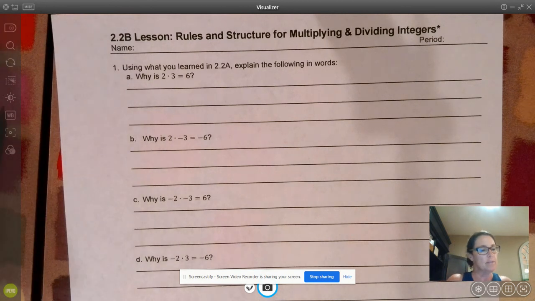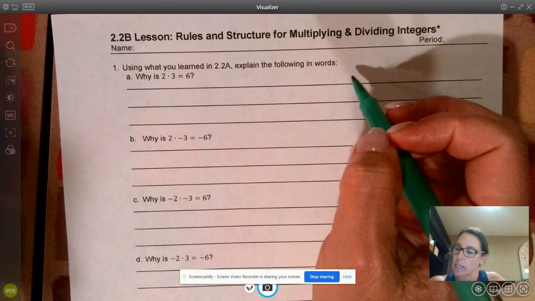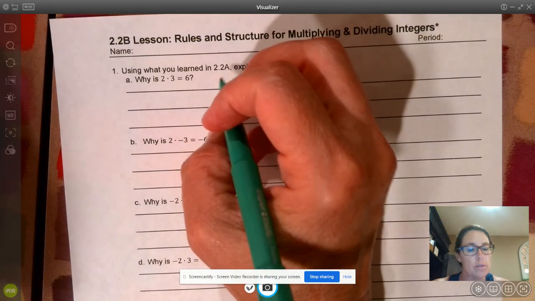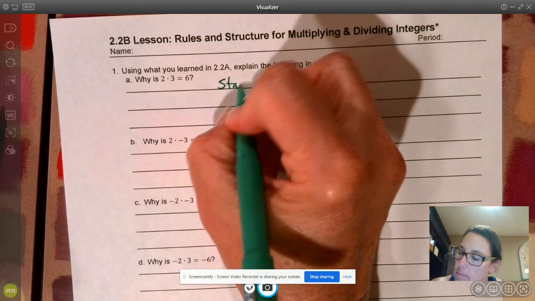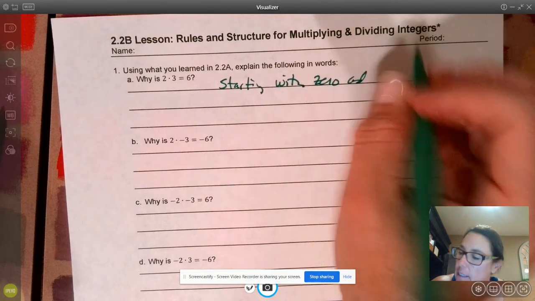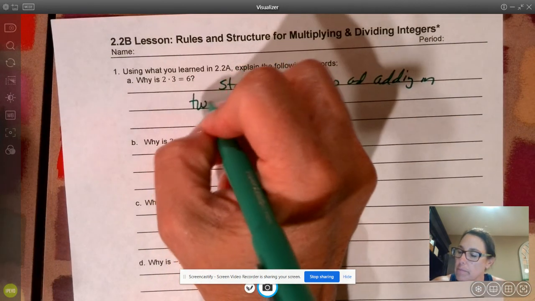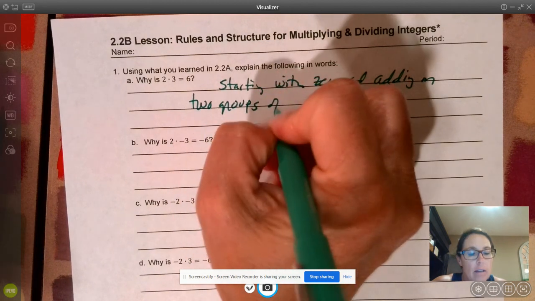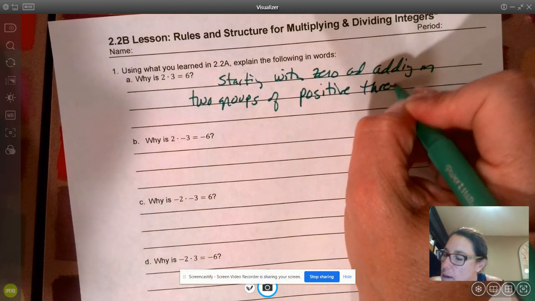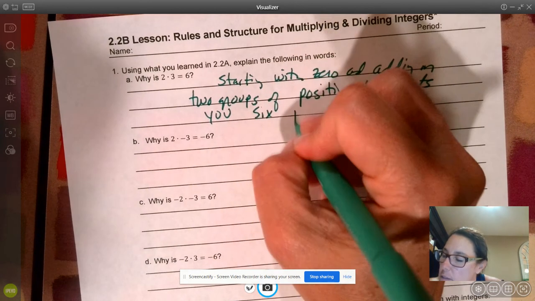It says, using what you learned in 2.2a, explain the following in words. Why is 2 times 3 equals 6? In words, we are starting with 0 and putting in two groups of positive 3, which gets you 6 positives.